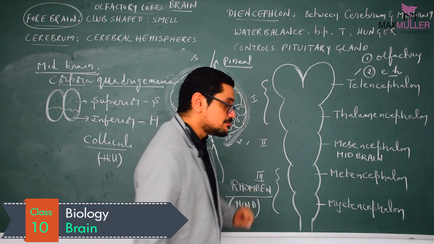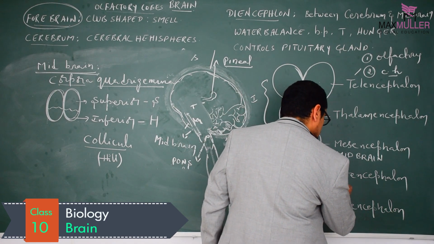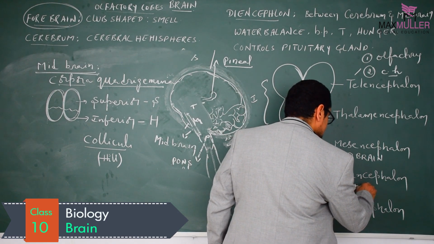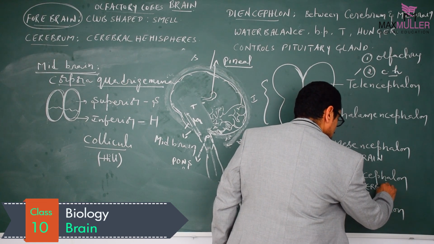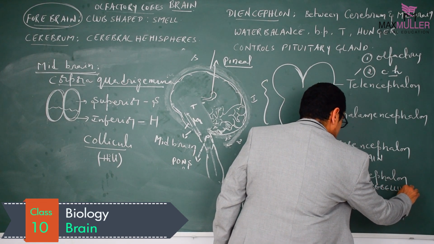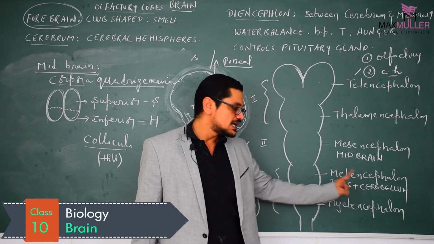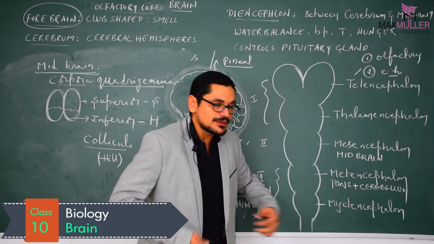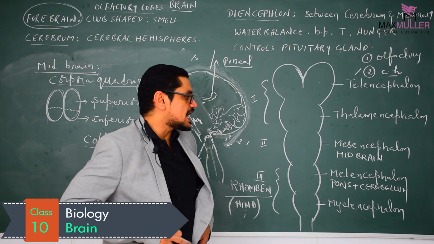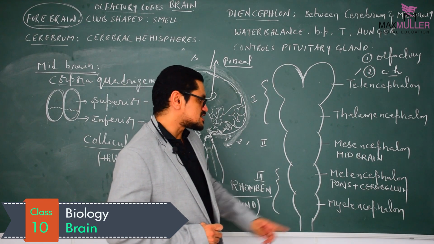Dear students, metencephalon includes pons and cerebellum. Pons varolii and cerebellum, these are the two important areas which come under this metencephalon.